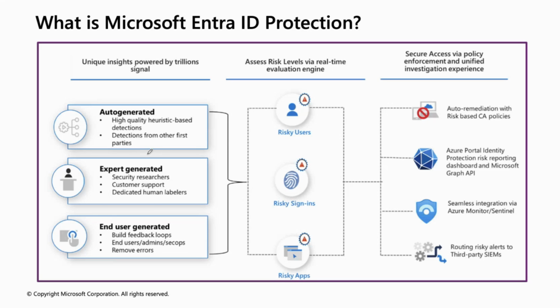Organizations can do it in three ways, right? They can either automate the detection and remediation, or they can investigate the risk and export the risk detection. Always remember that Entra Identity Protection is a premium feature, and it is included in the P2 license only.